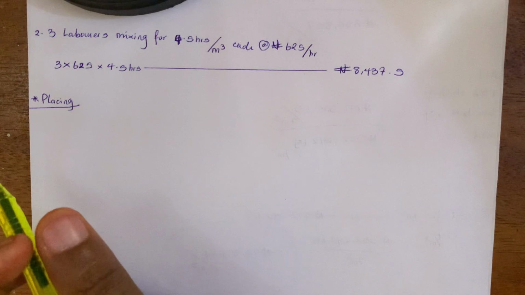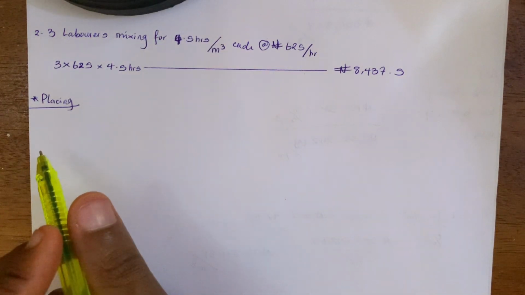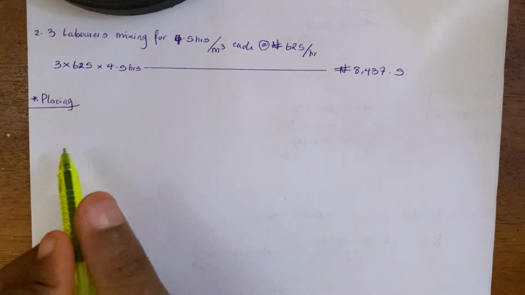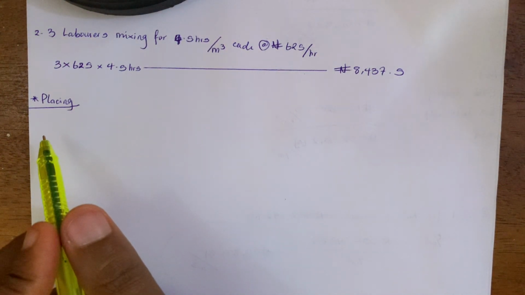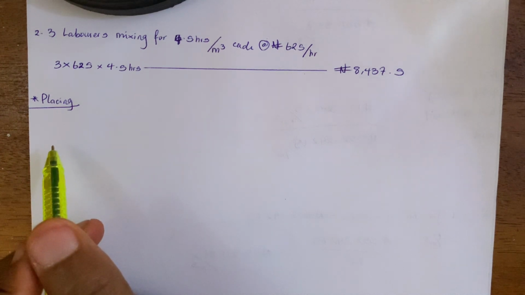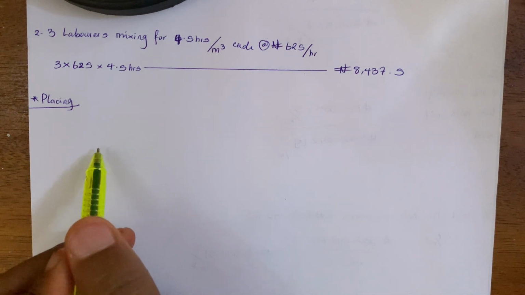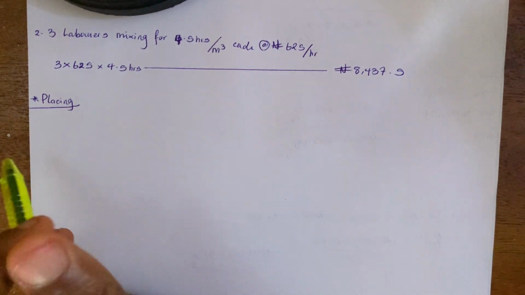So for the tradesman, which we are paying 6,000 naira per day, we need to know how much we have to pay him per hour. And then for the laborers, which we are paying 5,000 naira per day, we need to know how much we have to pay them per hour.